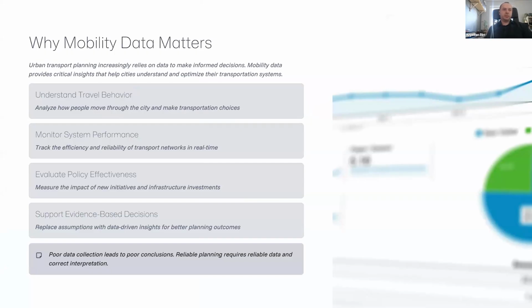The data is very important. Without data, we could just be dreaming or imagining the future and the reality. So at first, we need that data to understand travel behavior.